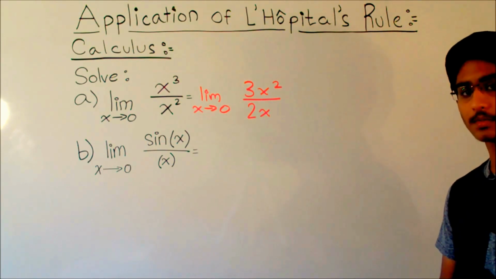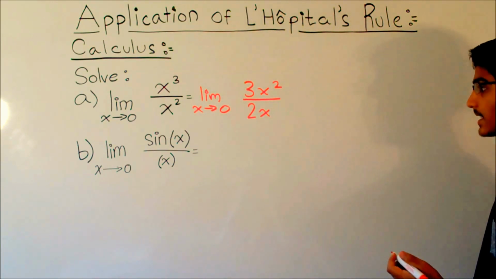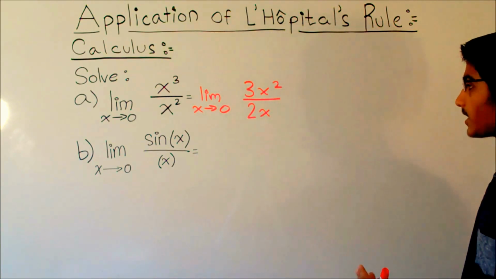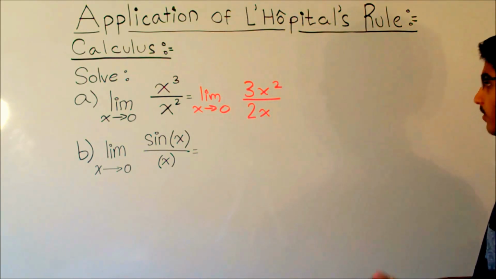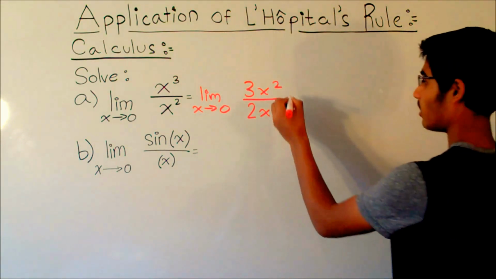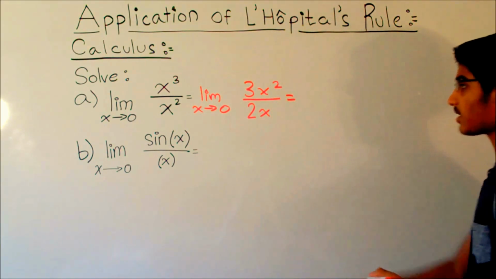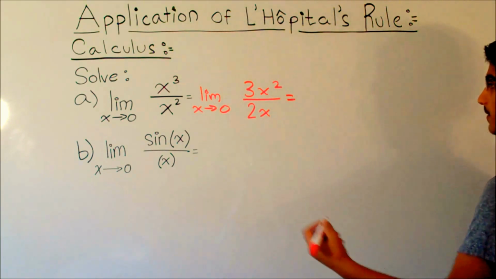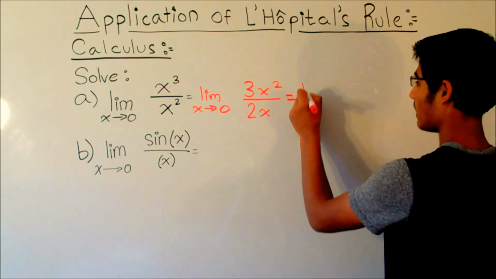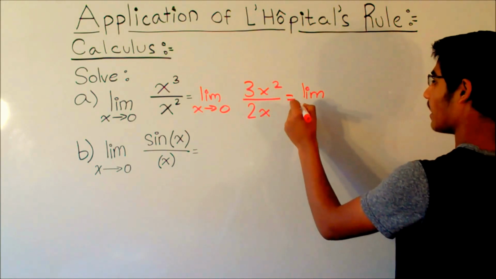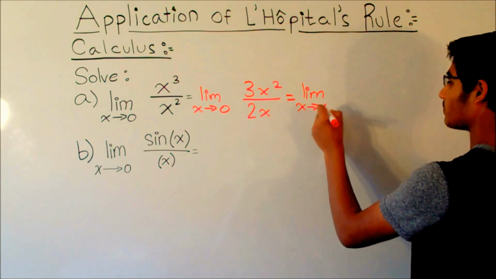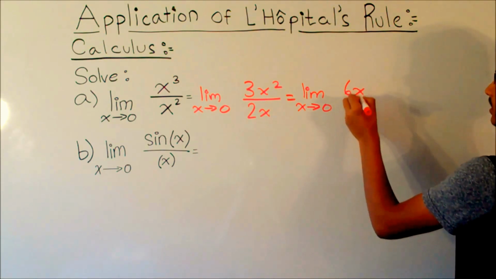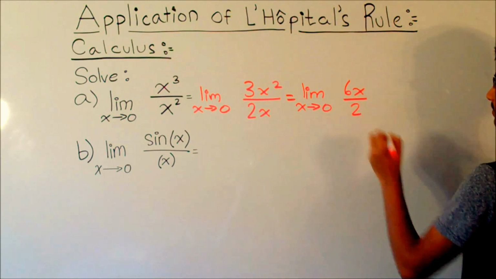So what do we do? Well, we take the derivative again, because once again we get 0 over 0, which is one of those three conditions that must happen for L'Hopital's rule to be used. So this is the limit as x approaches 0 of 6x over 2.